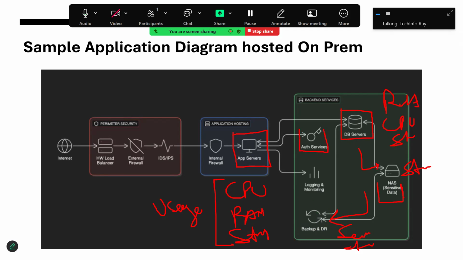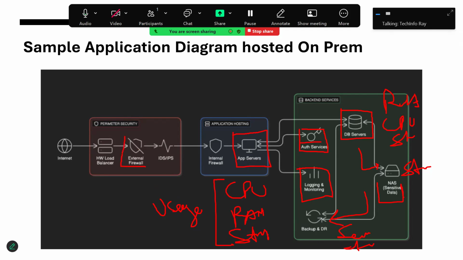And authentication services: what kind of authentication service it is, what's the underlying infrastructure of the authentication services. Logging and monitoring: what kind of tools the application is using for logging and monitoring, so that you can have a similar kind of logging and monitoring over the internet. So all these things are really important.